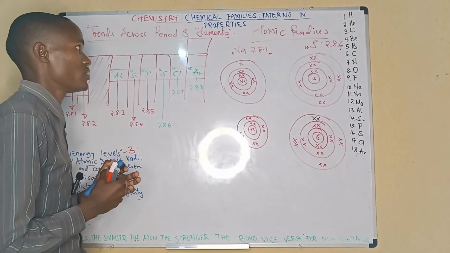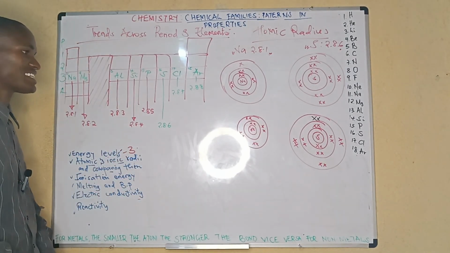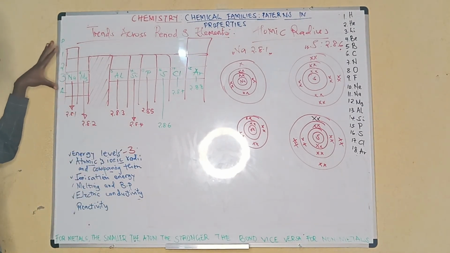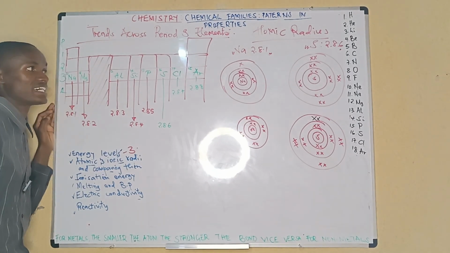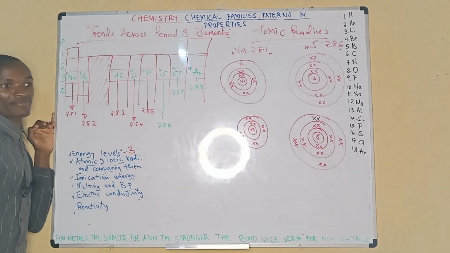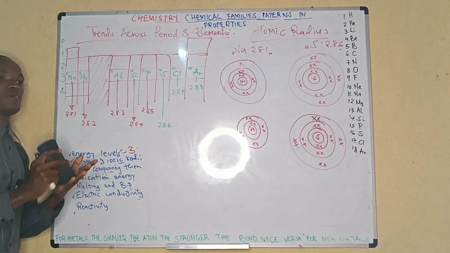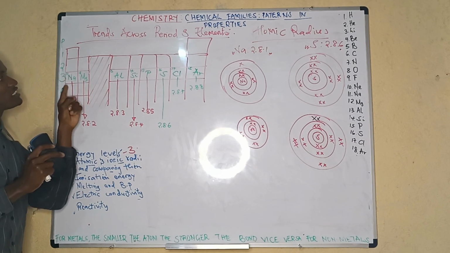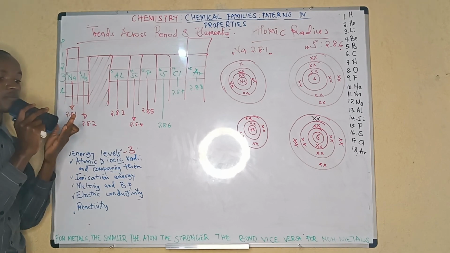That is it. Now, we want to talk of the atomic radius and the ionic radius. But before that, let us say that when you are talking of groups or families, chemical families, you are talking of elements that have similar properties, like sodium, potassium, and lithium. They are elements from the same chemical family.